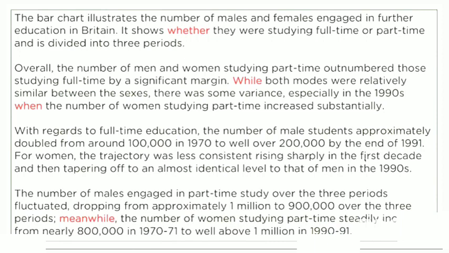Now in the overall, the number of men and women, we converted into those. After that we connected the sentence with the help of while. There was some variance, especially in, when. So these all are the important things. Here while and when are the two subordinate clauses. I have posted a video about subordinate clauses earlier for the task 2.